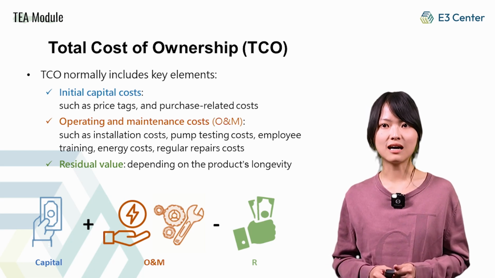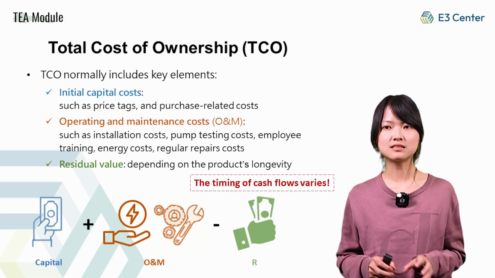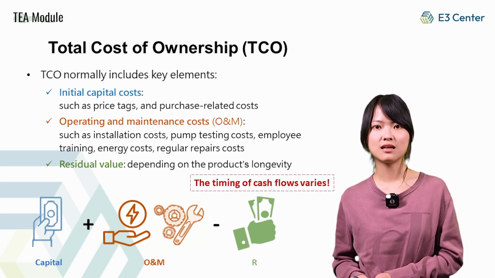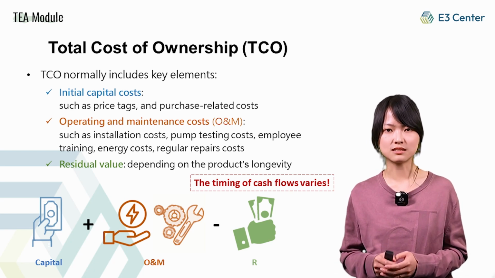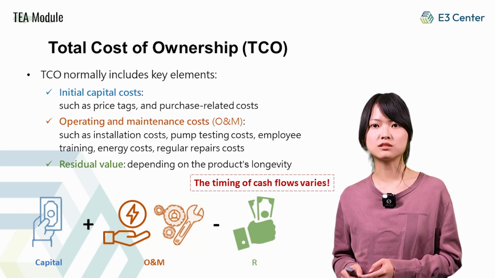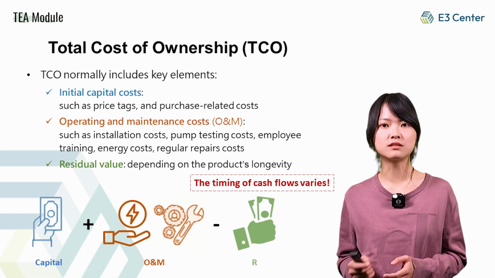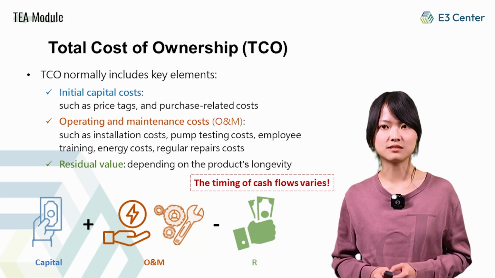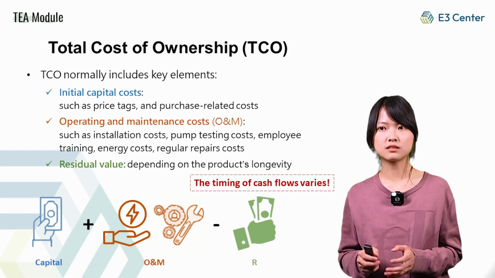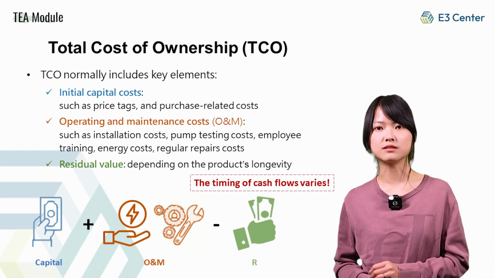It should be noted that the timing of these cash flow elements varies. Therefore, we need to use the discount rate and the methods such as the present worth and annual equivalence we have learned earlier in the third unit, economic feasibility assessment, to sum up these costs that occur at the different times.